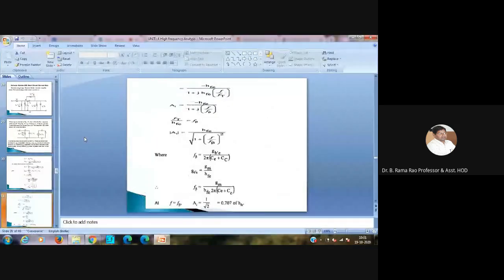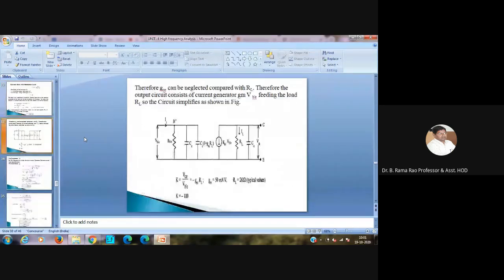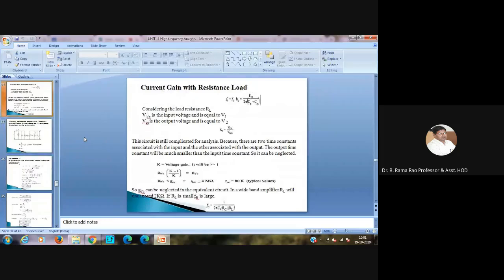This is the formula for the CE short circuit current gain. With this I am going to stop my presentation. Next class I will discuss the alpha cutoff frequency, beta cutoff frequency, and unity gain frequency, then current gain with resistive loads.